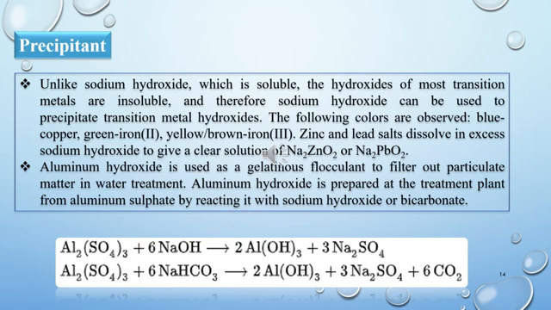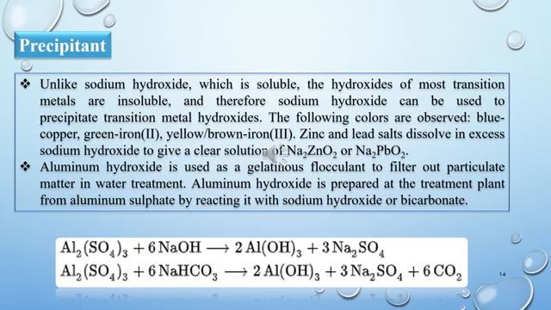The following colors are observed: blue for copper, green for iron 2 oxide, yellow or brown for iron 3 oxide. Zinc and lead salts dissolve in excess sodium hydroxide to give a clear solution of sodium zinc oxide or sodium lead oxide.